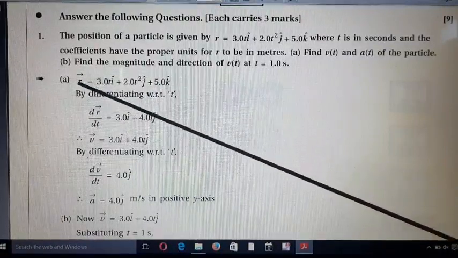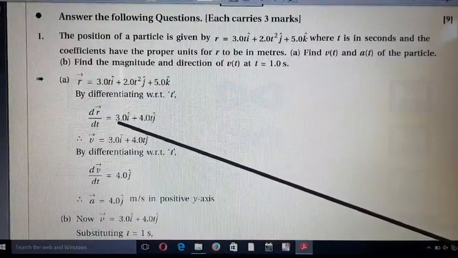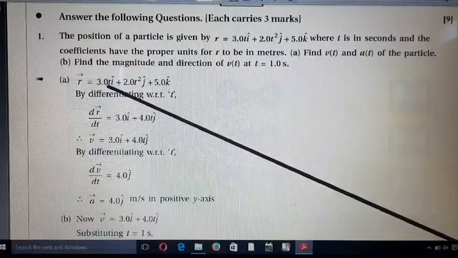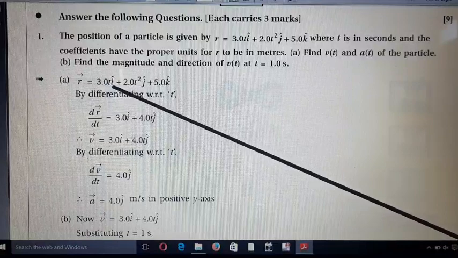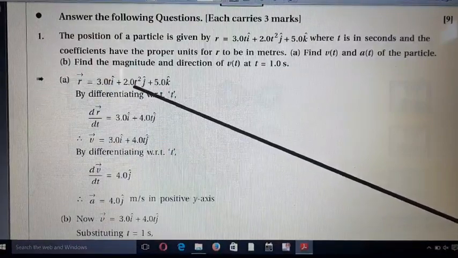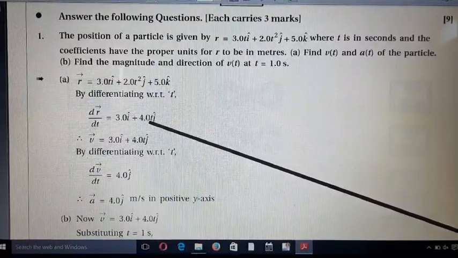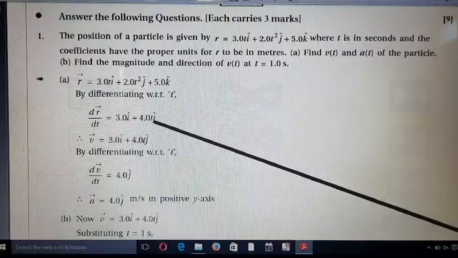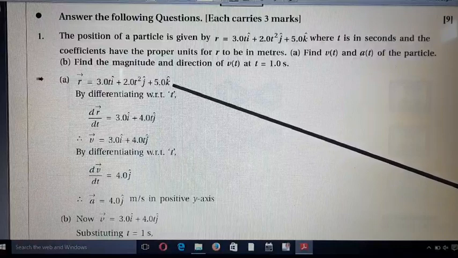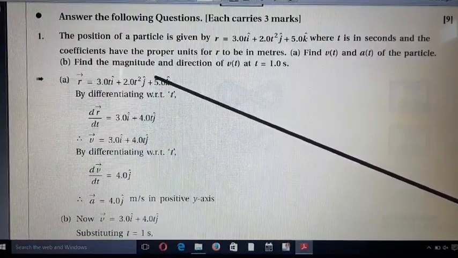We get dr/dt = 3 i-caret, because dt/dt is equal to 1, and the derivative of t² is 2t, so 2 into 2 means 4t j-caret. The last term has no time, so it is a constant value, and the derivative of a constant is 0.